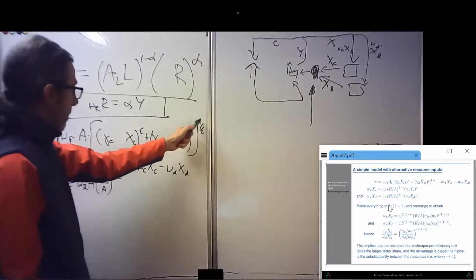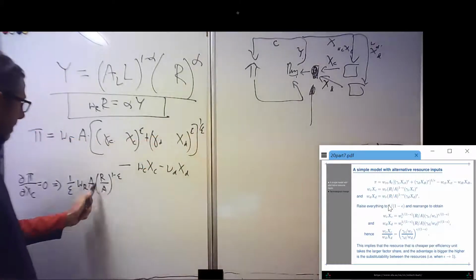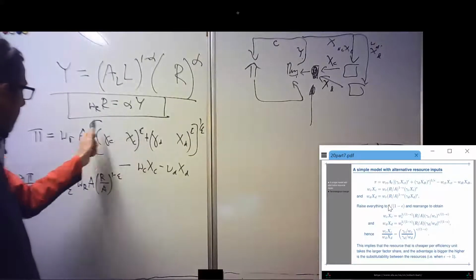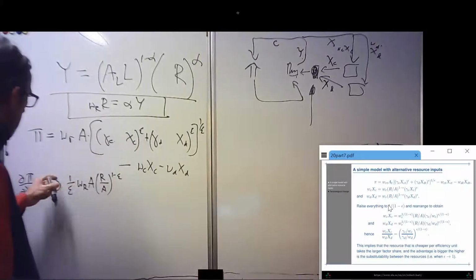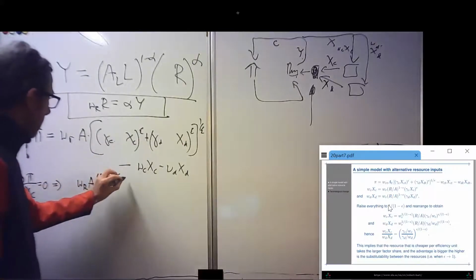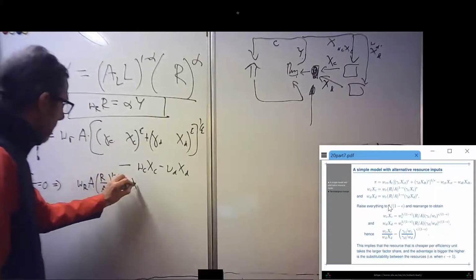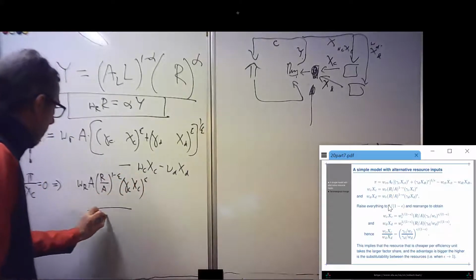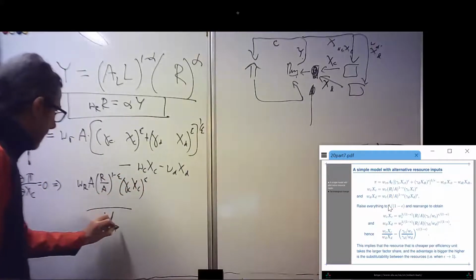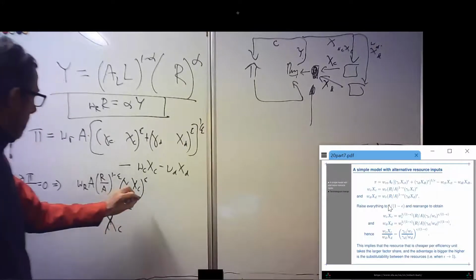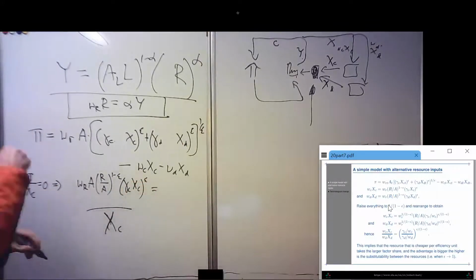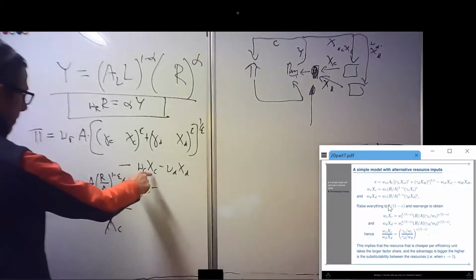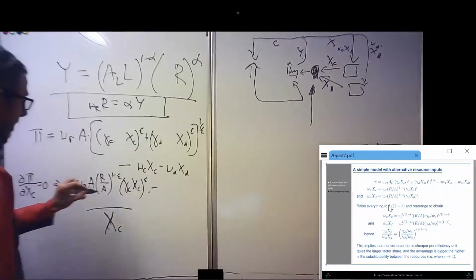But now we've got 1 minus epsilon over epsilon. So it's this R over A to the 1 minus epsilon. Then we go inside and we have epsilon gamma C XC to the epsilon minus 1. So those cancel out, and we have gamma C XC to the epsilon over XC, minus WC equals 0, remember it's the first order condition in XC.